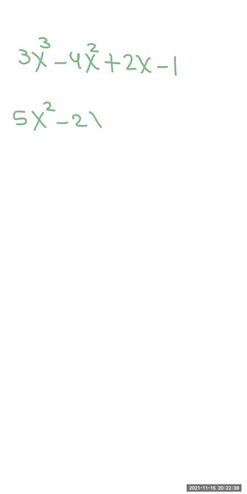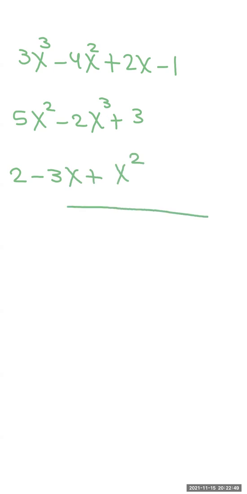I want to add 3x power 3 minus 4x squared plus 2x minus 1, and 5x squared minus 2x power 3 plus 3, and 2 minus 3x plus x squared. How to add these three expressions?